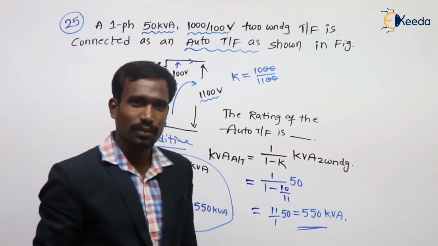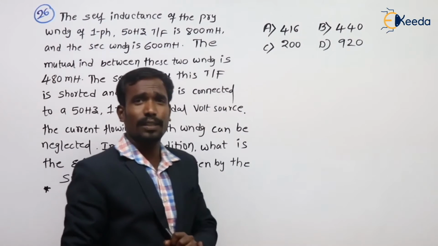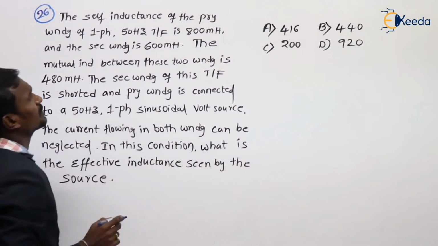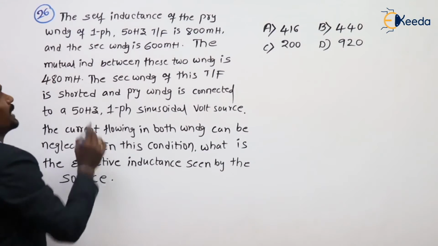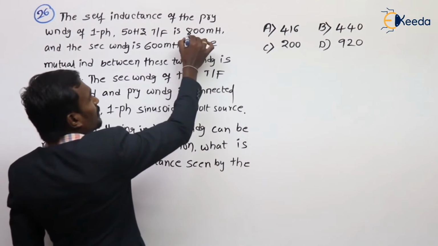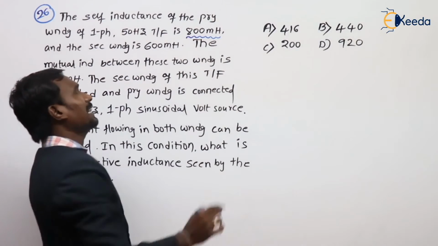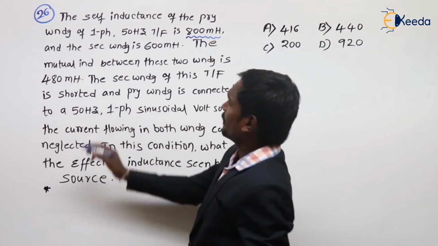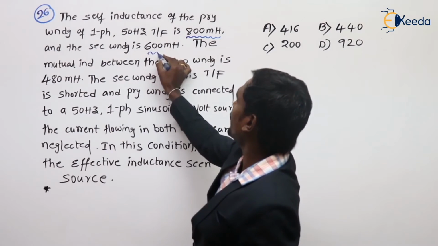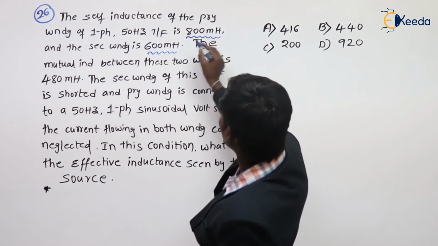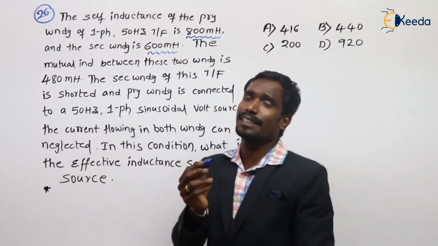Right. In this video, let's see the question. The self-inductance of the primary winding of a single phase 50 Hz transformer is 800 millihenry, and the secondary winding is 600 millihenry. The primary and secondary winding self-inductances are given.